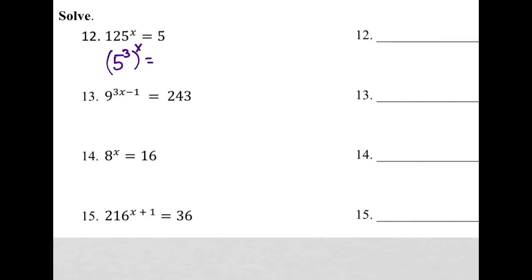All that is still being raised to the x power. So the power of a power rule says that 3 and the x are going to be multiplied. That 3 and the x, now that our bases are the same, 3x is going to equal 1. And then this is an equation we can solve. So x would equal 1/3.